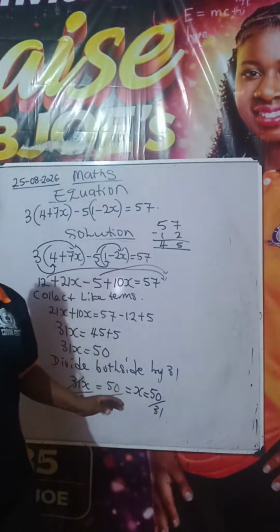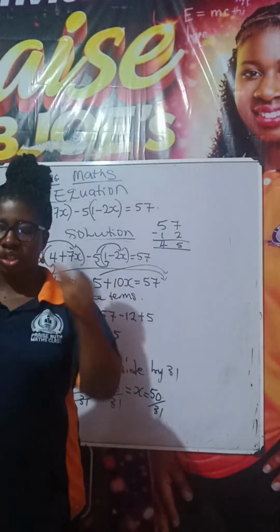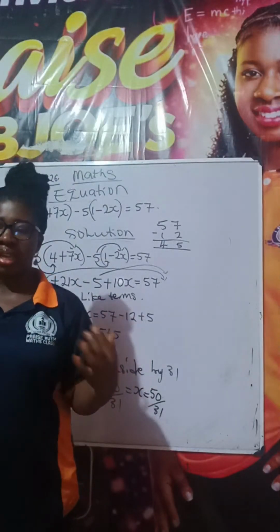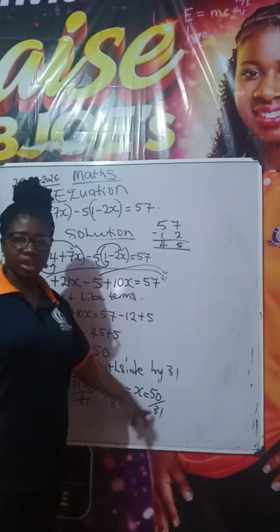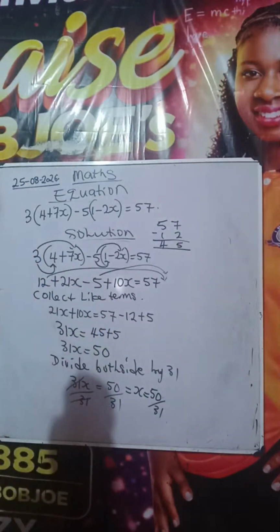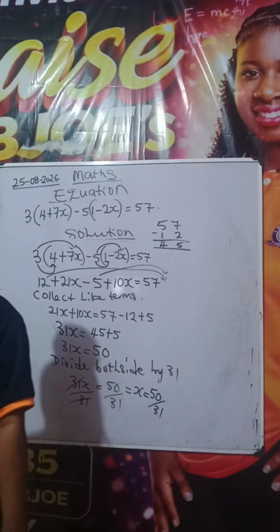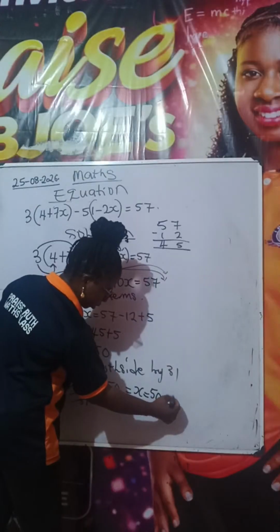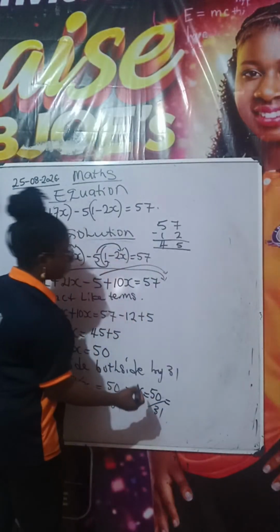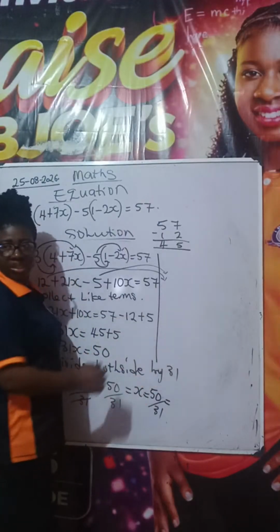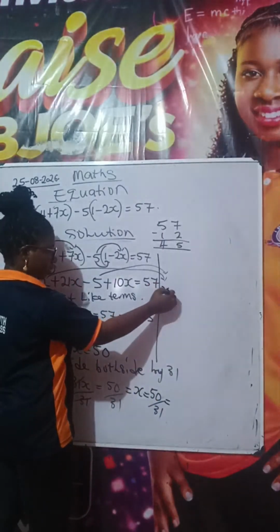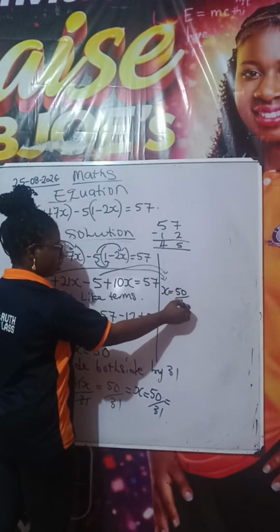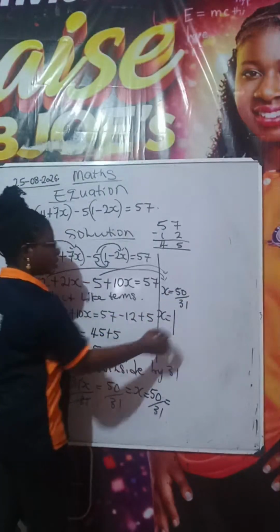Wonderful. Now, we are going to convert it to a mixed fraction. That means, how many 31 do we have in 50? How many groups of 31 can we get? So x is equals to 50 over 31, which is x is equals to one whole number.